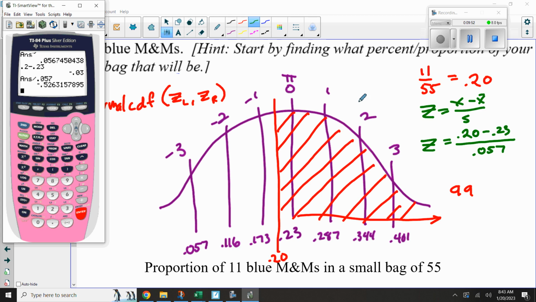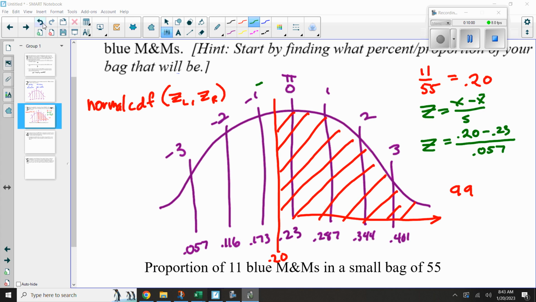0.53, let's call it. So I'll put my z-score up here, negative 0.53, which makes sense because it's between 0 and negative 1.